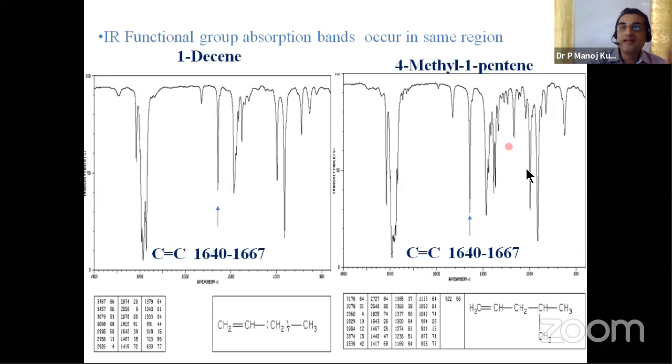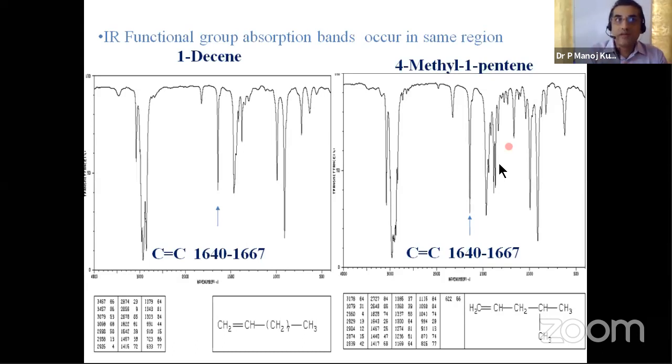So this is the similarity between the two IR spectra. What I want to tell you is, whenever you take a particular molecule, there will be certain structural features present within the molecule that enable the molecule to exhibit a characteristic type of IR absorption band, using which you will definitely get an idea regarding the structure of the molecule.